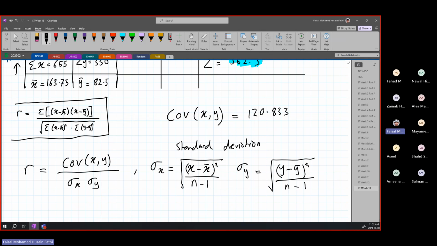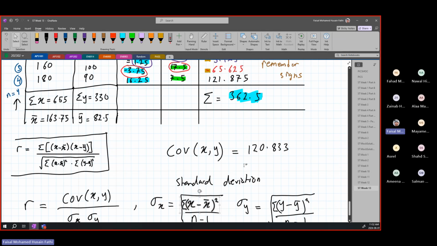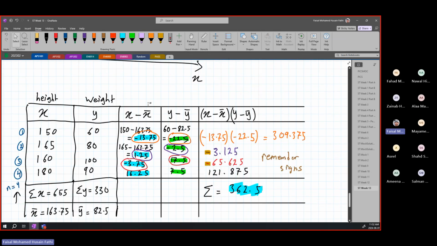Of course, there's a summation here. This is sigma. So the sum of this and the sum of this. And all you need to do is find x minus x bar squared and y minus y bar squared. So you're going to be adding 2 extra columns over here. And that's all you're going to have to do, and they're very easy. It's not a new calculation.